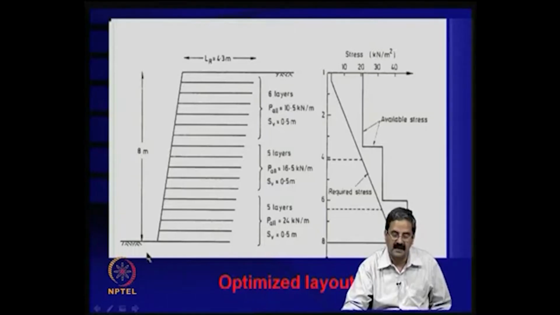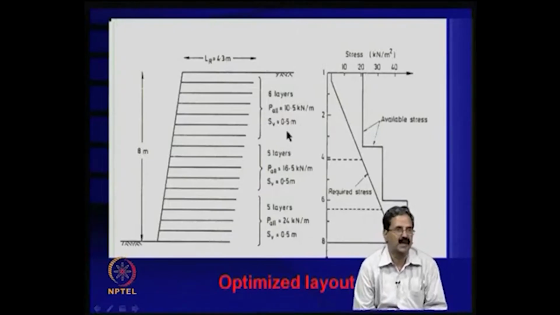8 meters is there, and you also have one more geogrid material in between, so you have 3 materials: one is 24, one is 16.5, one is 10.5, and you try to maintain the spacing. Actually we do not meddle with spacing too much unless it is required or very useful, because sometimes from a construction point of view it is much better, particularly in small slopes.